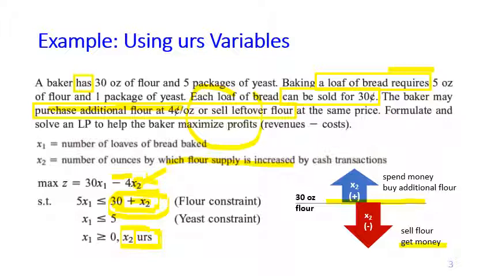So here you can see why x2 is a URS variable, because x2 may be positive, which means you buy additional flour. x2 may be negative as well, which means that you sell the flour. So which decision will you make as the optimal solution? That's what we're going to calculate using the simplex algorithm. So let's see.